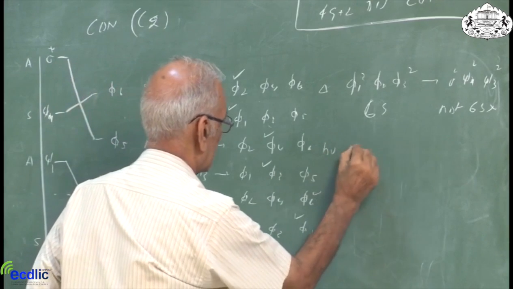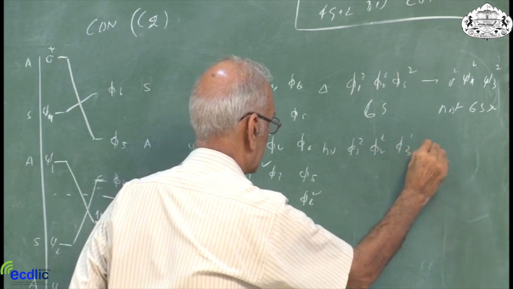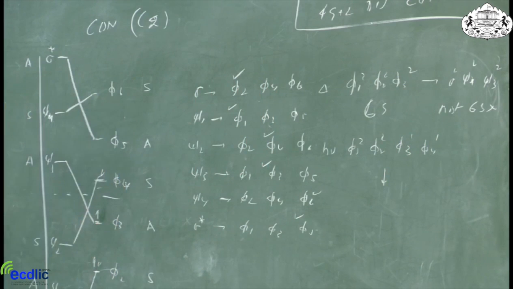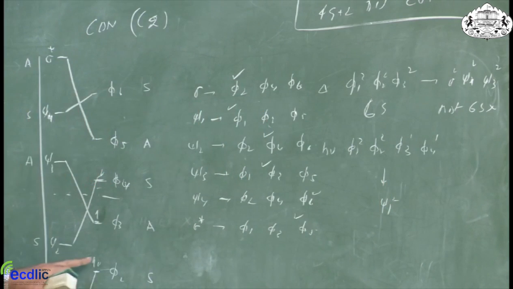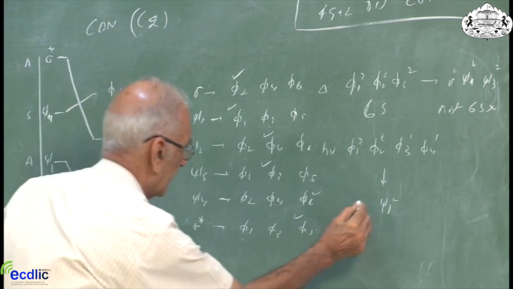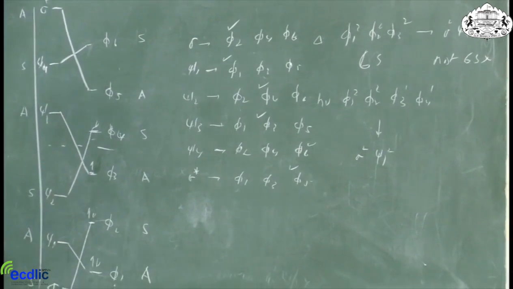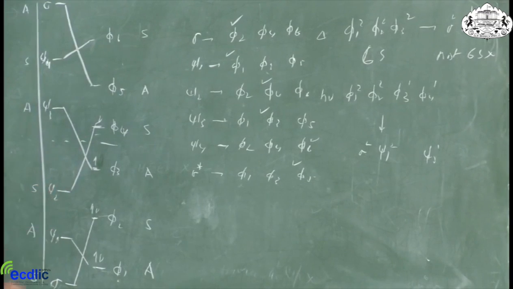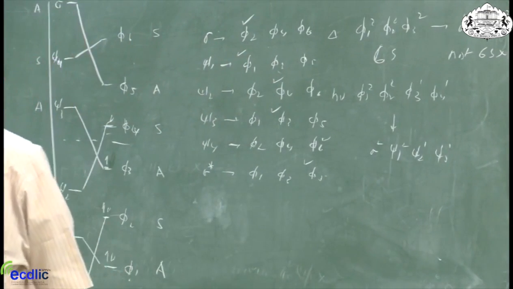Photochemical reaction. 5 1 2, 5 2 2, 5 3 1, 5 4 1. 5 1 2 goes into psi 1 2. 5 2 2 goes into sigma 2. 5 3 1 goes into psi 3 1, and 5 4 1 goes into psi 2 1, equivalent of making psi 2 into psi 3.